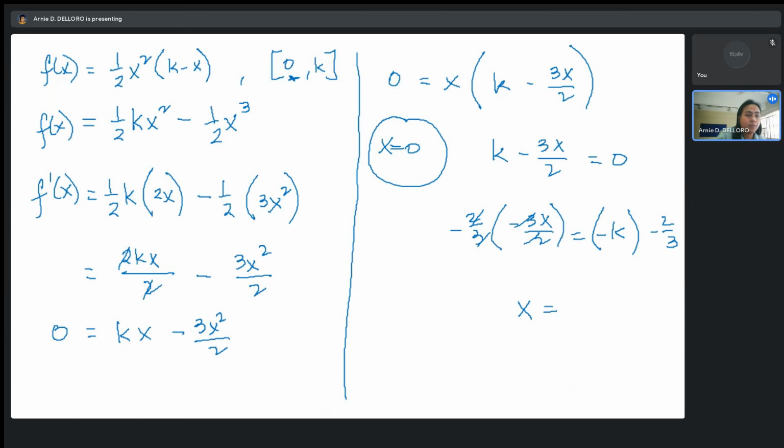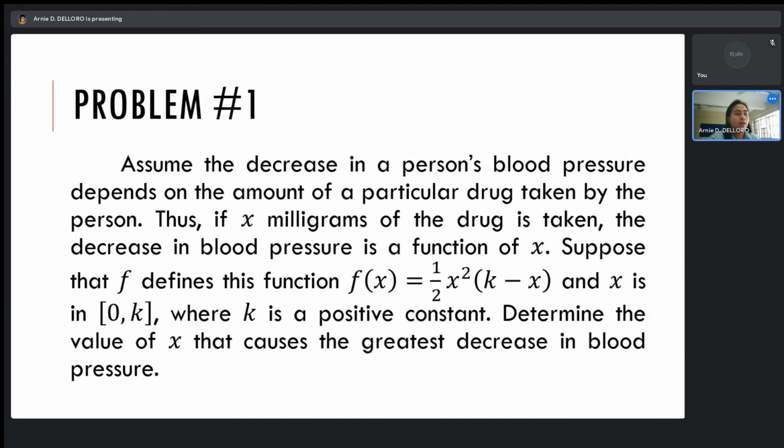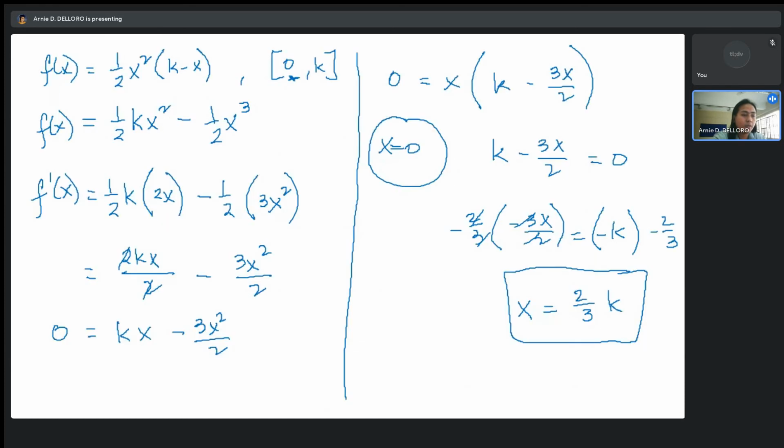Negative k times negative 2 over 3 is positive 2 over 3 k. So therefore, sabi sa problem, determine the value of x that causes the greatest decrease in blood pressure. So in this case, the value of x that causes the greatest decrease in blood pressure is x equal to 2 over 3 k.